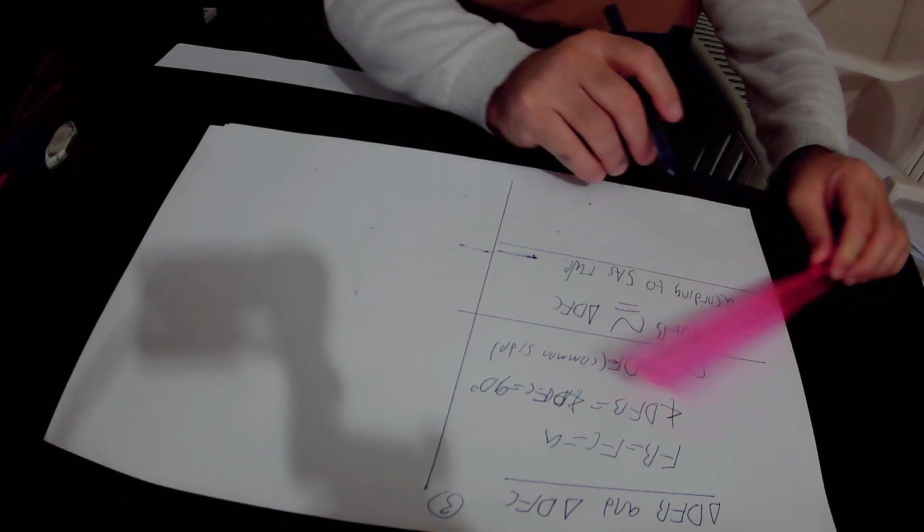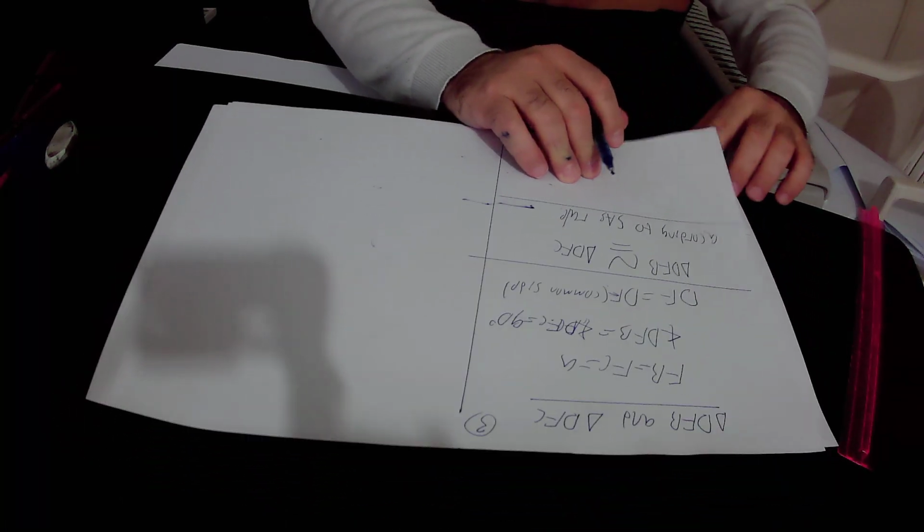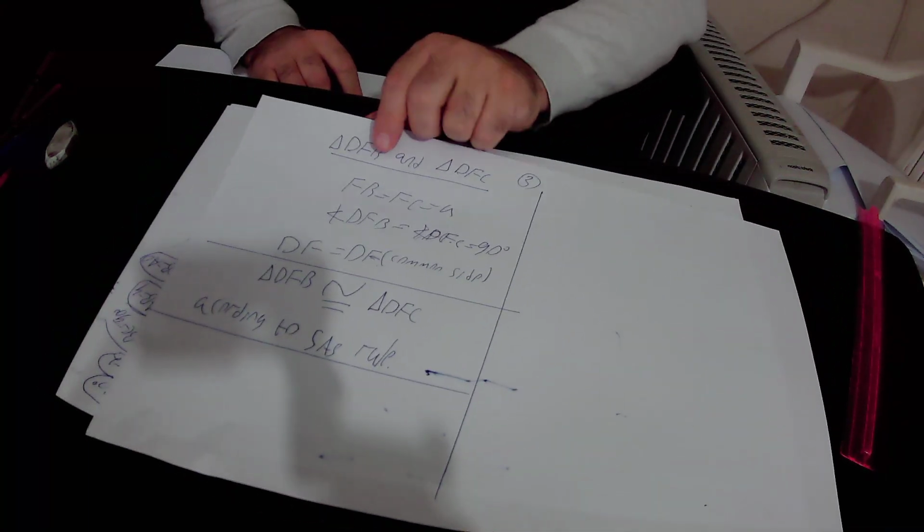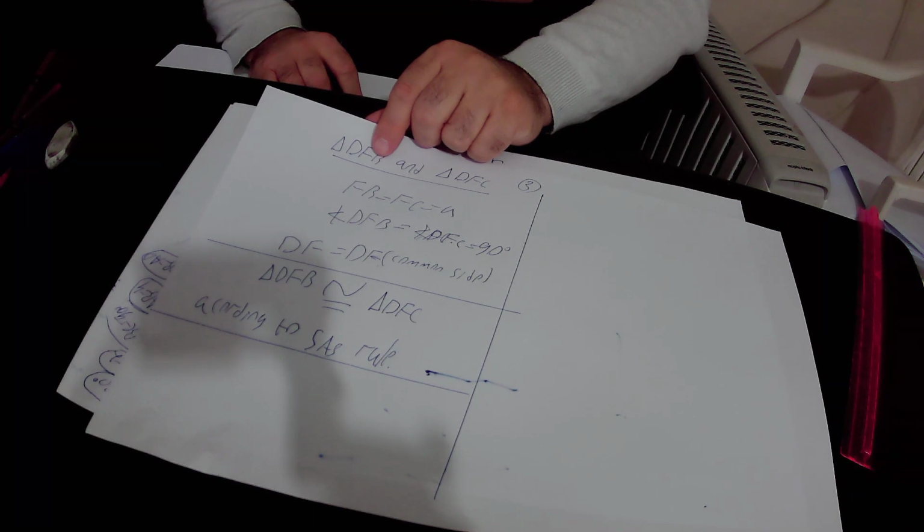I'll repeat again. We prove that triangle DFB is congruent to triangle DFC according to the side angle side rule.